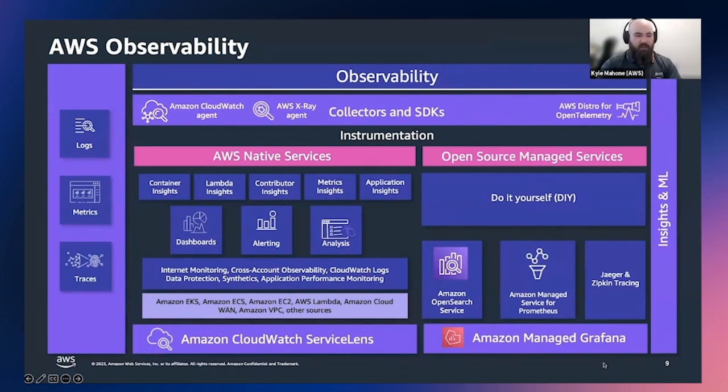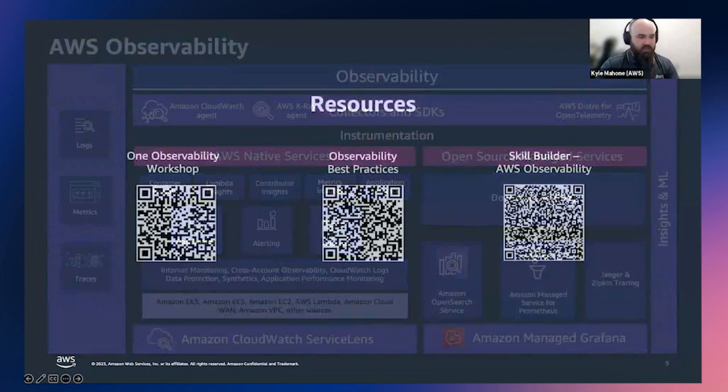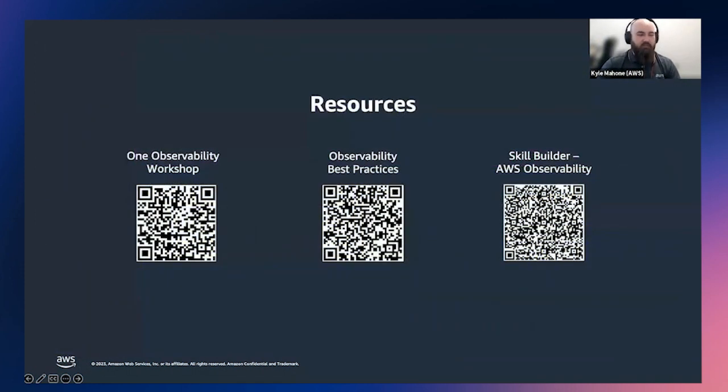All right. And then the last thing that I wanted to touch on today is some of the resources that we have for your training and being able to get up to speed on observability and some of our best practices, as well as hands-on experience. So these QR codes that you see here, the first one is the One Observability Workshop.